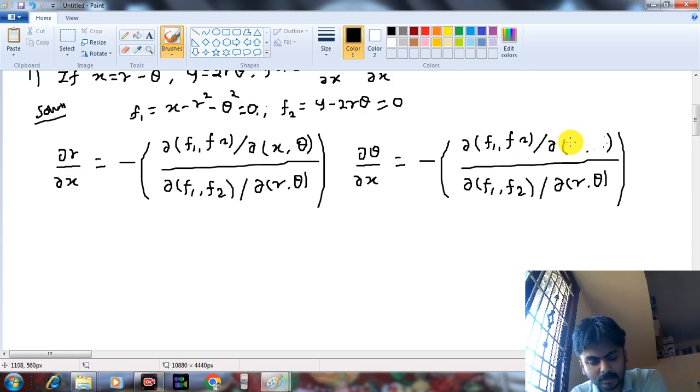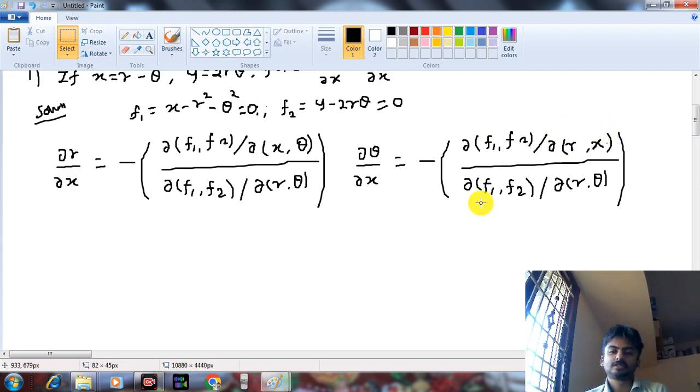Yes, I am right. It is (r, x). A little confusion because it is such a complicated formula and we have to remember that. Okay, so ∂(r, x). Yes, now we are having two formulas and we have to find the values of these things.